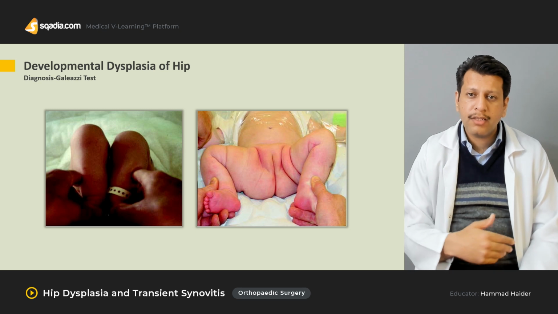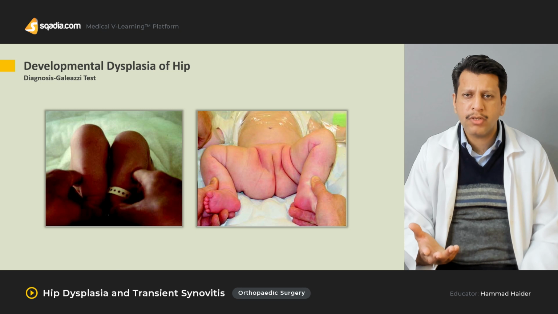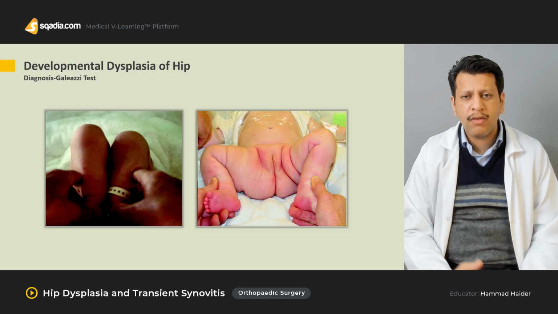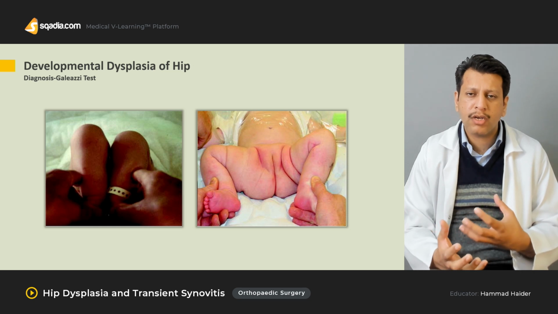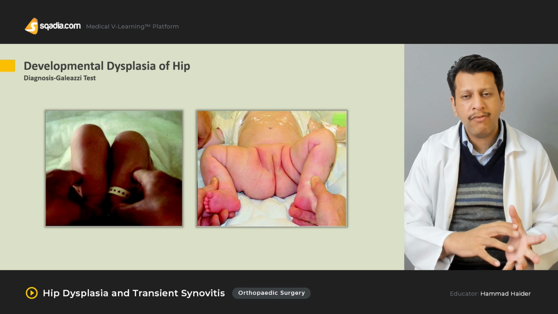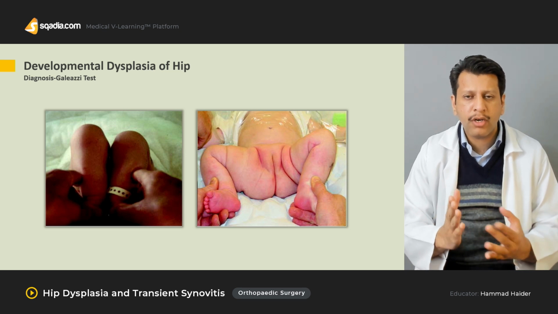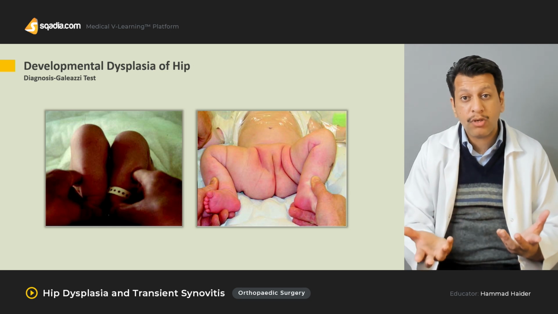And usually any Ortolani or Galeazzi test done after about 3 to 4 months of time is usually negative, because the muscles have developed and the contracture is now kind of a complete contracture which does not really move. Therefore, the head, if it is dislocated, will remain dislocated and will not come in, leading to negative Ortolani despite having a dislocation.